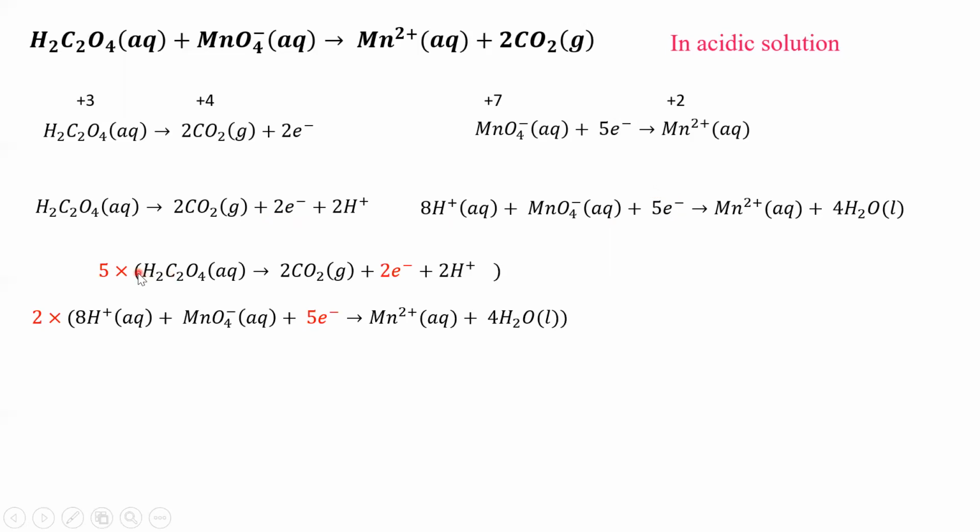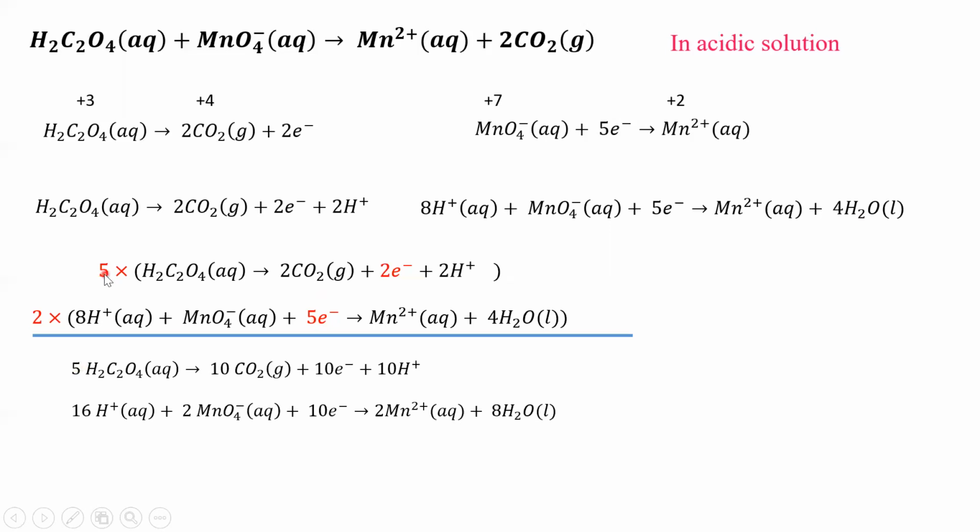So if we take our oxidation half reaction and multiply everything by 5, that's going to give us 10 electrons lost. And if we take our reduction half reaction and multiply it by 2 times 5, that's going to give us 10 electrons gained. So our electrons gained will equal our electrons lost. And we always make that happen because the electrons have to cancel out.